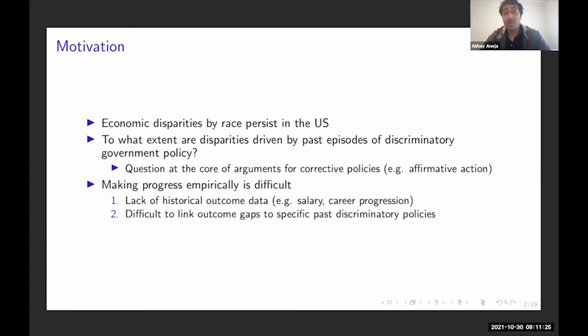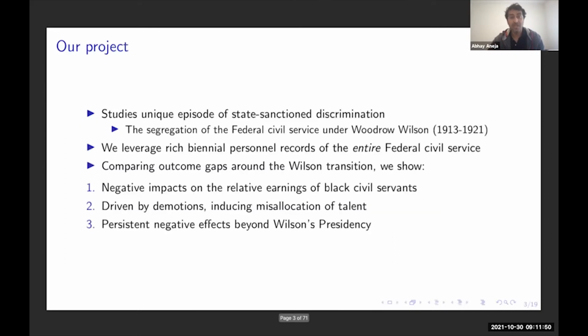Now, quantitatively thinking about the short-term and persistent effects of discrimination in the distant past is pretty difficult for at least two reasons. First, as you go a bit further in time, it's harder and harder to get good data to measure discrimination. And then the second challenge is that it's often hard to link outcome gaps to very specific episodes of discrimination.